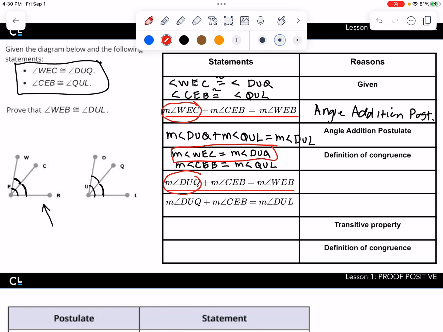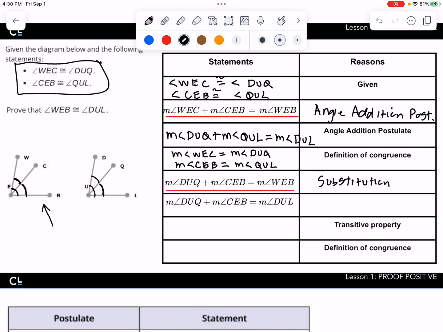They're equal to each other. So it looks like what we did is we replaced the WEC with DUQ. The word for replace is substitution. We substituted the value of WEC, which was DUQ, so we used the substitution property.